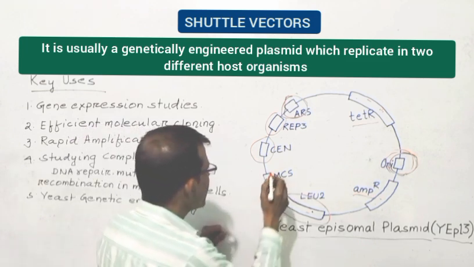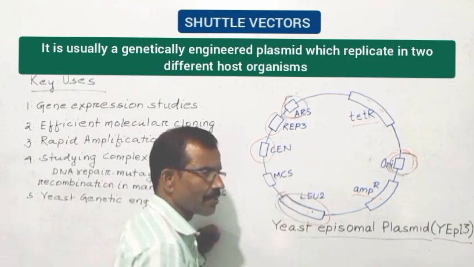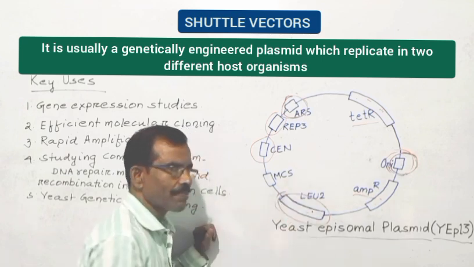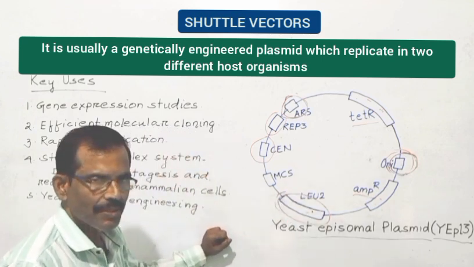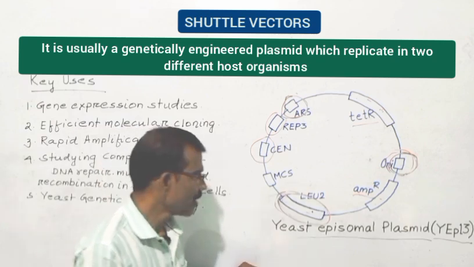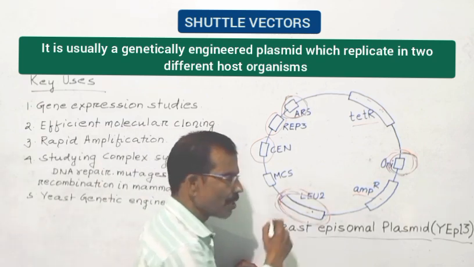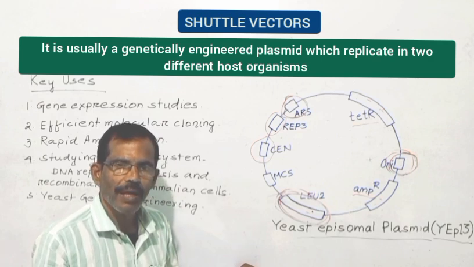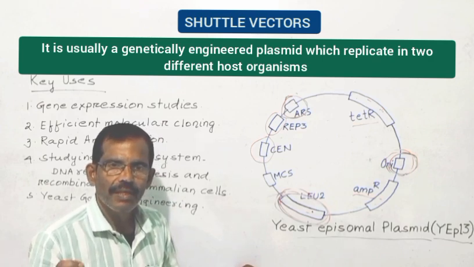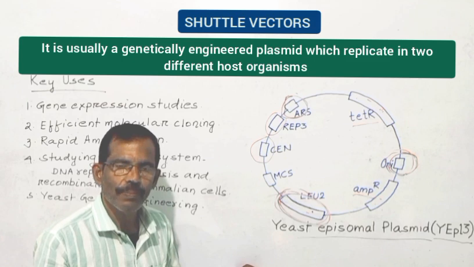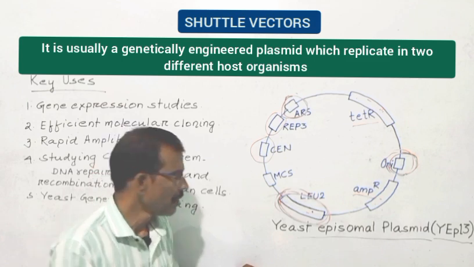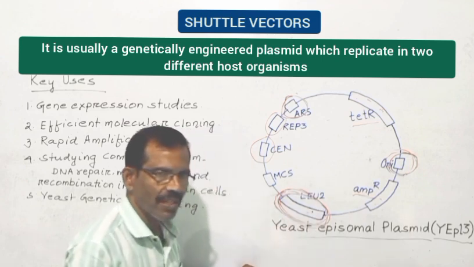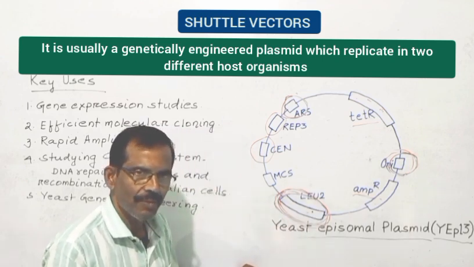The third yeast component is the centromeric sequence, which is used for proper functioning of the plasmid in yeast cells. Another yeast component is the LEU2 gene, which encodes the enzyme isopropylmalate dehydrogenase that catalyzes the third step in leucine biosynthesis. This gene is used as a marker gene for selection in yeast cells.